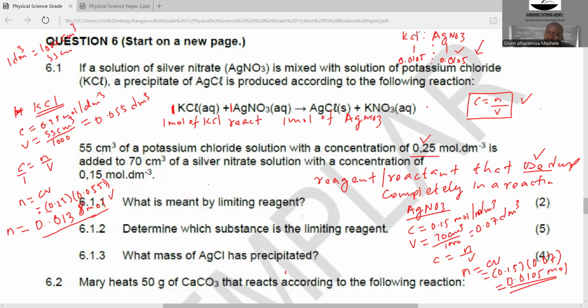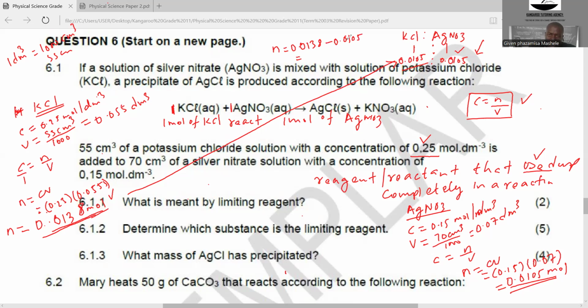And how about the potassium chloride? Potassium chloride, if it uses 0.0105, will still have an extra number of moles left. Because from its initial 0.0138 mole, it will use only 0.0105. So it will have an excess of 0.0138 minus what it has used, 0.0105. You see that it will have an excess number of moles.